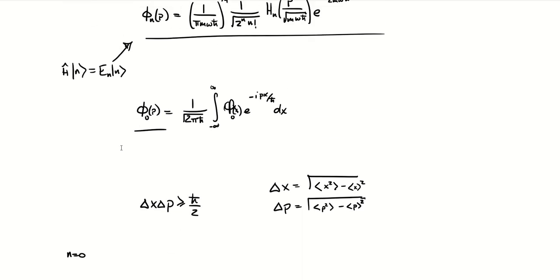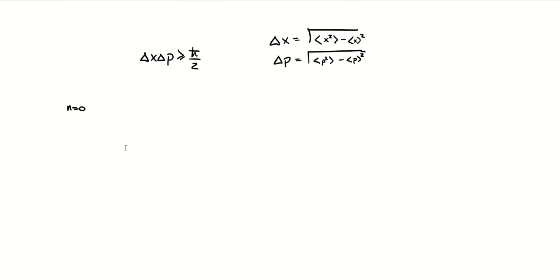The nice thing about this is we can look at the n equals 0 state, where both are Gaussians, and knowing the form of Gaussians determine what those uncertainties are just by inspection. We know that a Gaussian probability distribution looks something like this: as a function of x, 1 over root 2 pi sigma, e to the negative x minus the mean squared over 2 standard deviation squared.